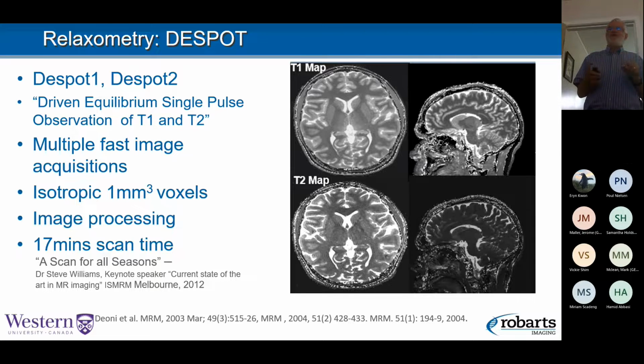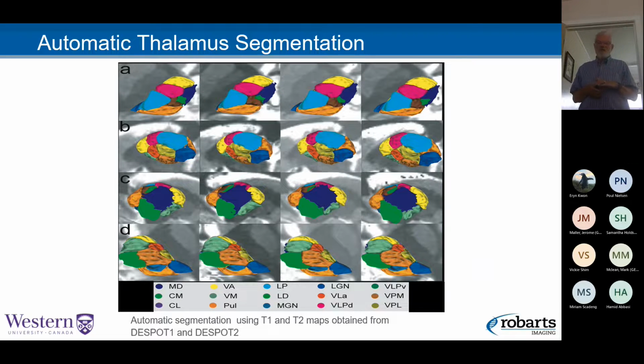But now that we had T1 and T2 maps, we could be much more precise about what we're trying to see. We showed that using T1 and T2 images instead of T1 weighted and T2 weighted images, we could automatically segment these deep brain structures that we couldn't see before.